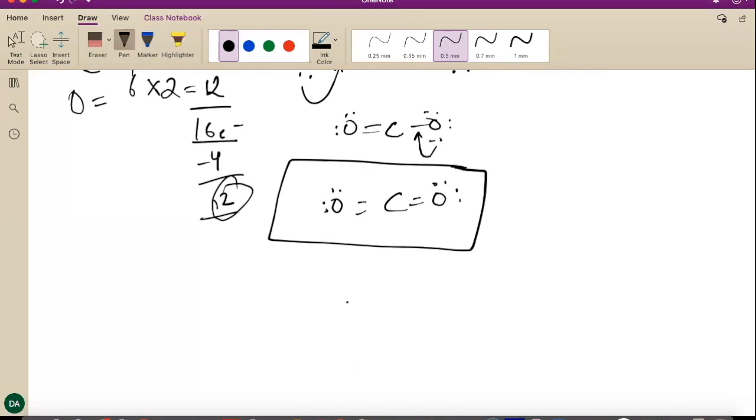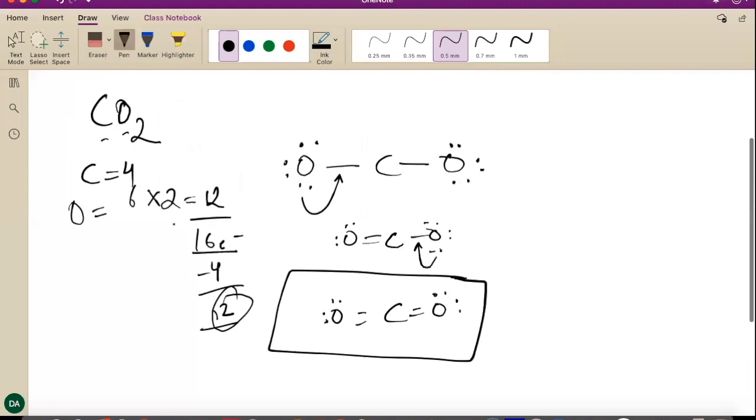Right, guys? I have a question. Why did we subtract 4 and it became 12 from 16? You see we have a total of 4 electrons from carbon and 12 from oxygen. So first of all, we total that to get 16. Now, when I place the central atom carbon and make the bond between carbon and oxygen, you need to spend electrons to make the bond.